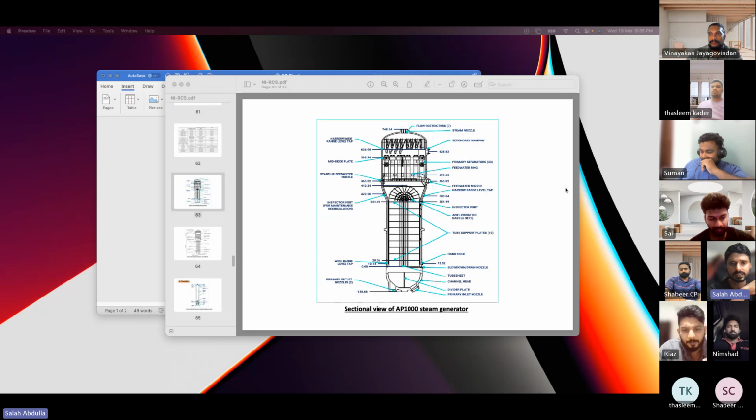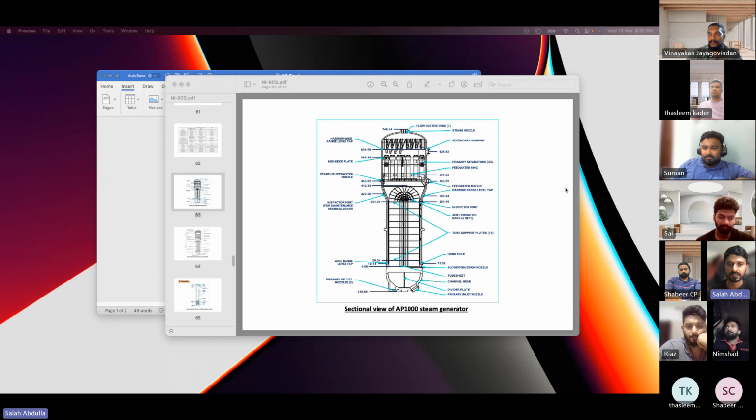The feed water, at about 230 degrees Celsius, enters the shell side of the heat exchanger. Then it absorbs heat from the U-tubes, in which the reactor coolant is passing, and turns to steam at about 275 degrees Celsius.